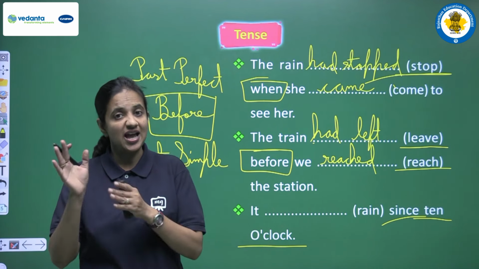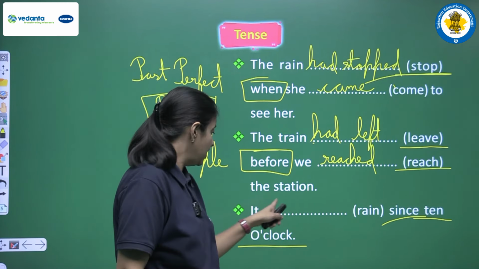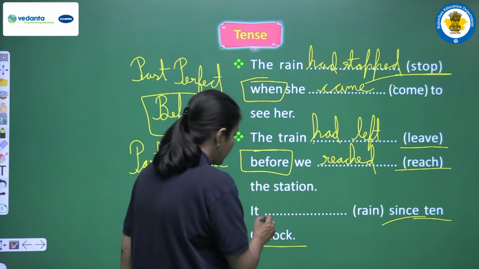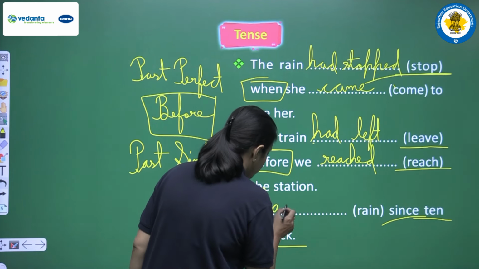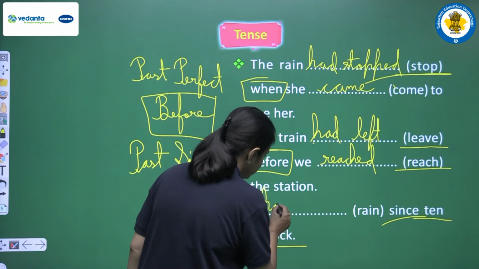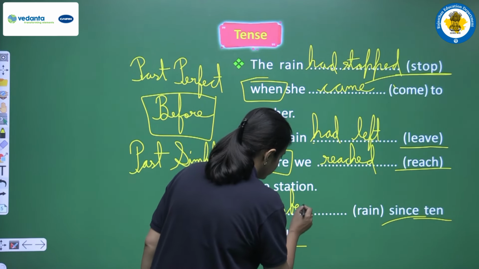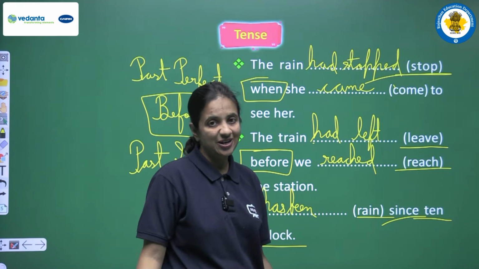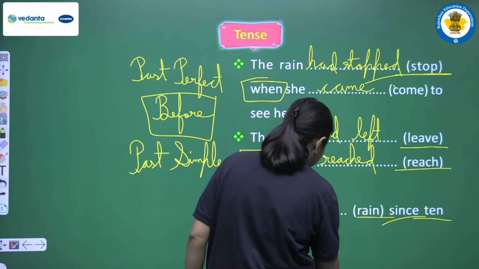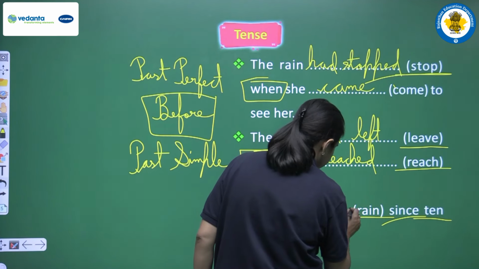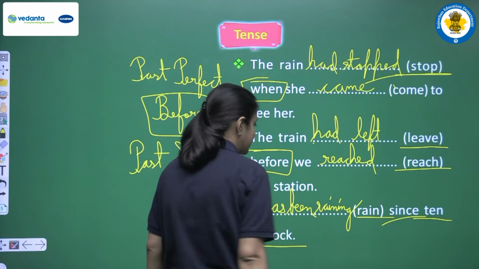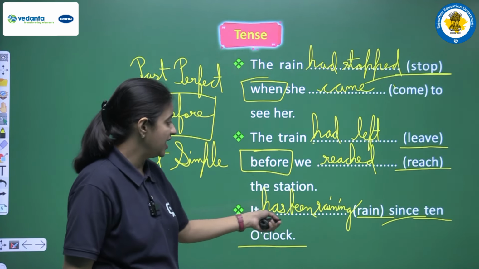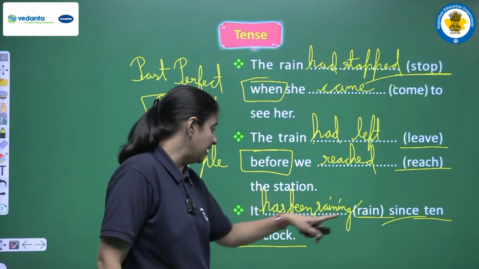Yes, we have to use has been and have been, and for it we will use has been because it is singular. Main verb will be first form plus ing. So rain plus ing, it will be raining. And the sentence will be: it has been raining since 10 o'clock.